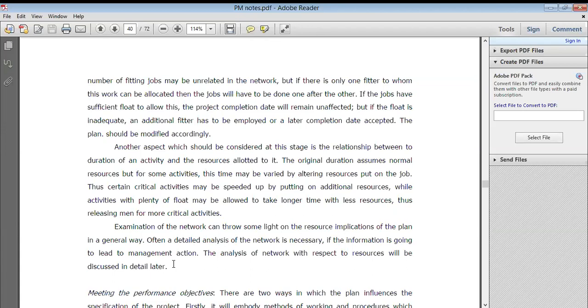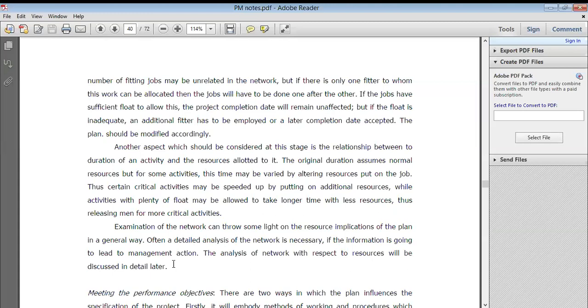A group with B group, A phase with B phase, that kind of thing. For that work, the original durations assume normal resources, but for some activities this time may be varied by altering resources for jobs. Sometimes we need alternatives, right.